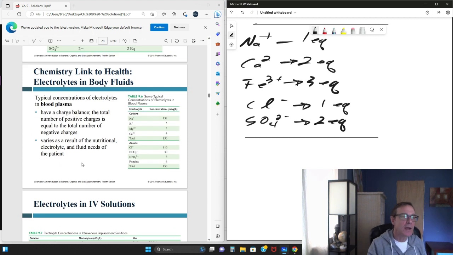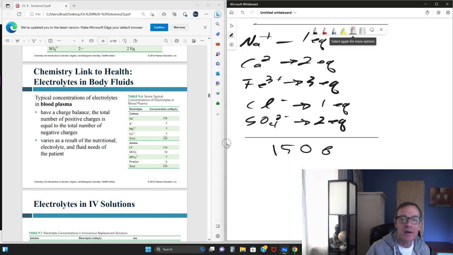So where we see that in blood plasma, we have a combination of sodium, potassium, magnesium, calcium. Those are all the positives, or cations. You have a total of approximately 150 milliequivalents on the positive side.